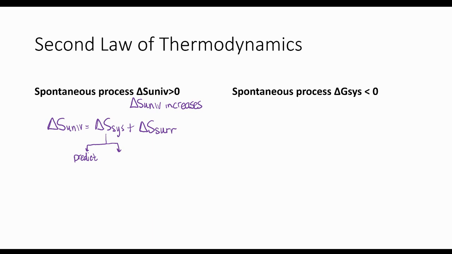What you want to think of is that delta S of the system will increase and be positive if we're increasing the number of microstates in that system, and how they can arrange and organize goes up, right? The possibilities increase. So in other words, you're looking at an increase in randomness.